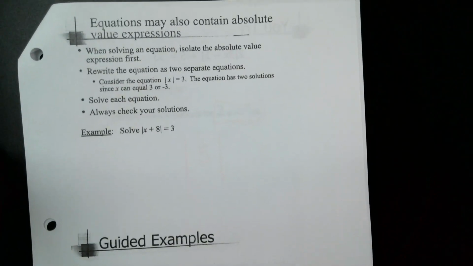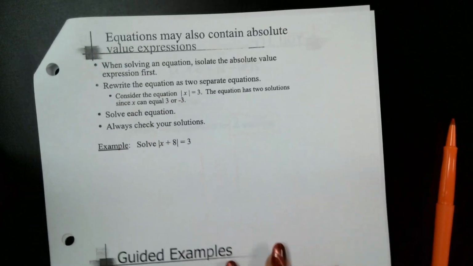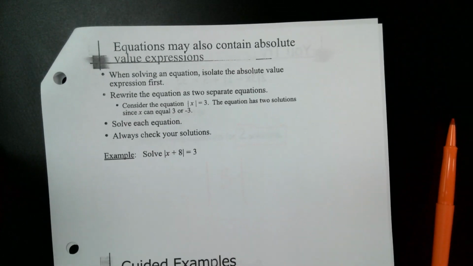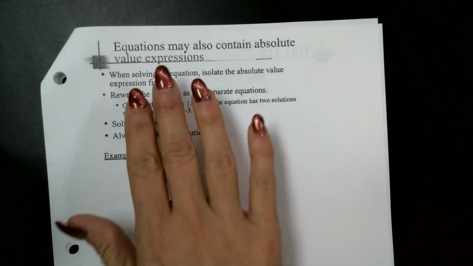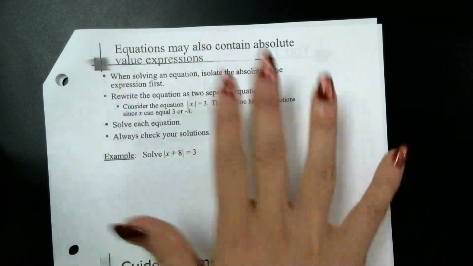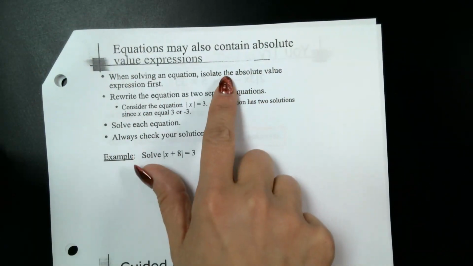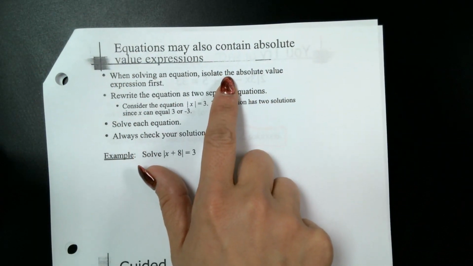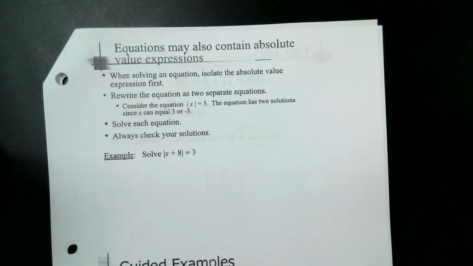Okay, so a couple steps that you just need to understand and be aware of. It says when we have equations that contain absolute value expressions, the very first thing you have to do is get the absolute value expression by itself.